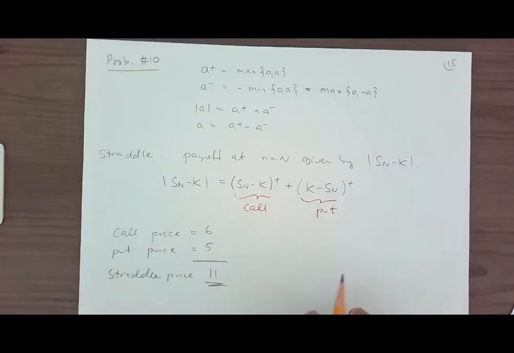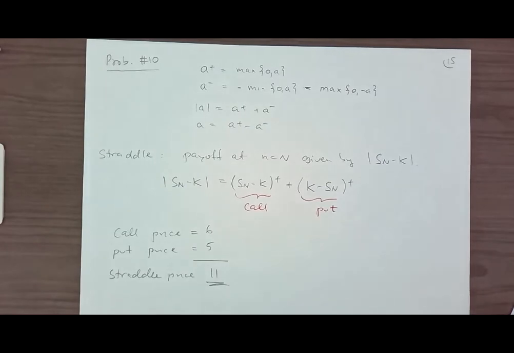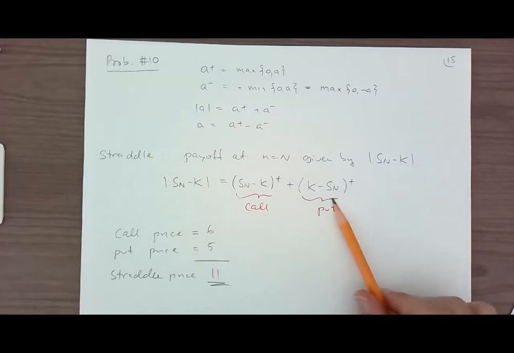So if you're given put and call prices, which we are in this problem, you can recognize that the payoff of the straddle is simply a combination of the calls and the puts. And then that's all there is to it.